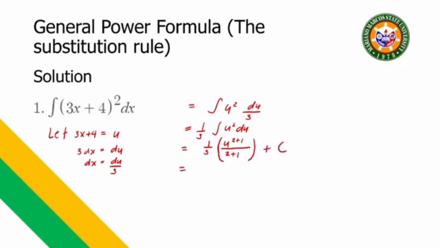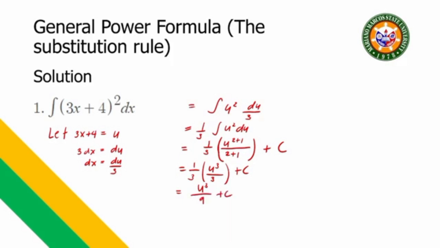So we will get 1/3 of u to the 2 plus 1, so that would be u cubed over, 2 plus 1 is 3, plus c. Simplifying, we will get u cubed over 3 times 3 is 9, plus c.